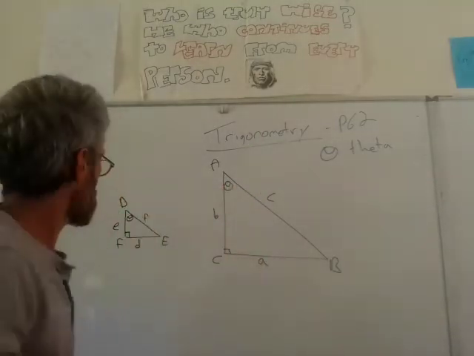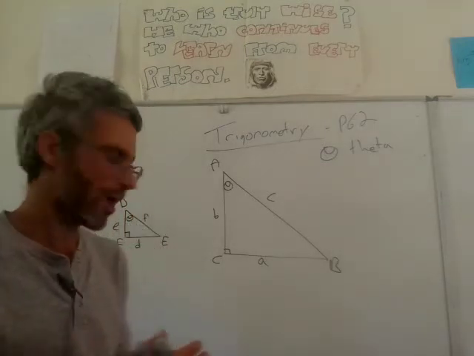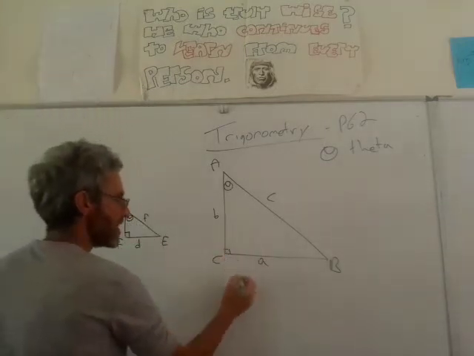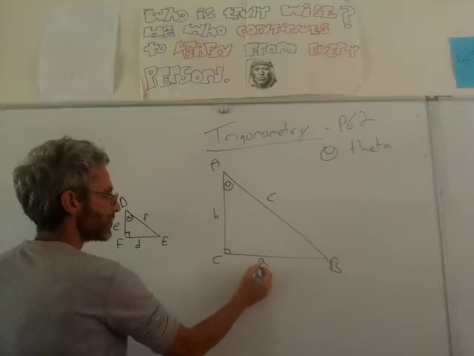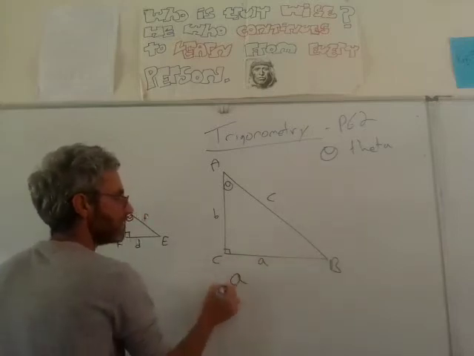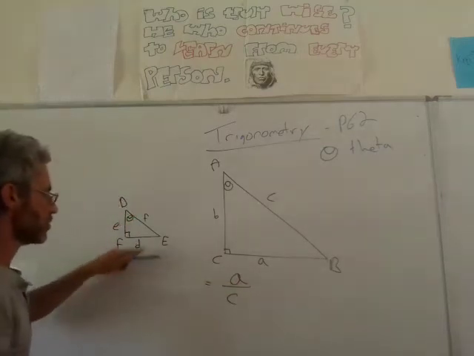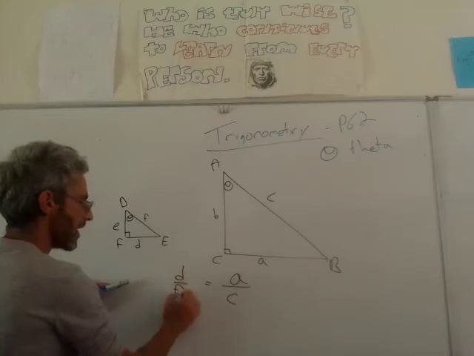Now what do you know about similar triangles? You know that if I take this side a divided by c, it's going to be equal to d divided by f.